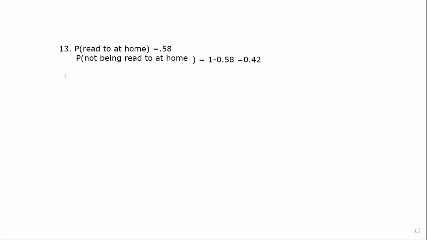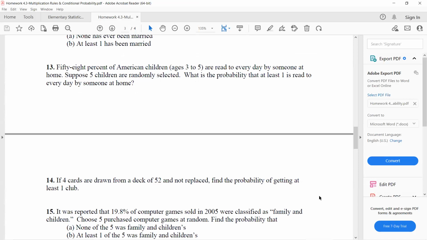Now, if you choose 5 at random, right? So we're choosing 5 at random. And you want to find the probability that at least one is read to every day, okay?